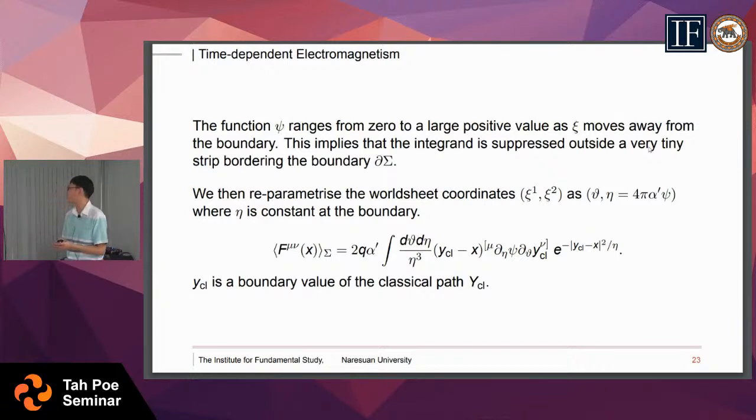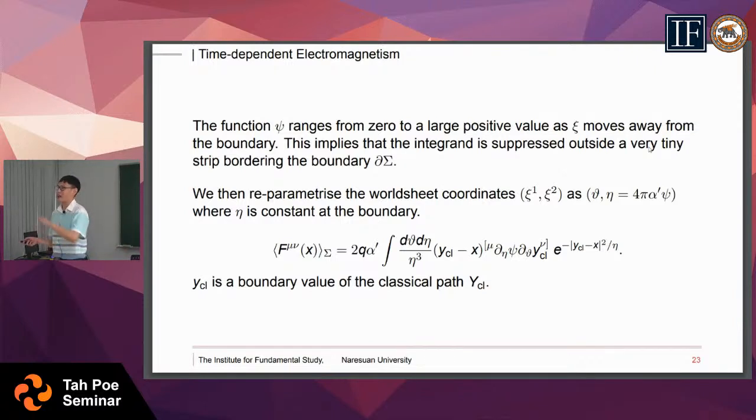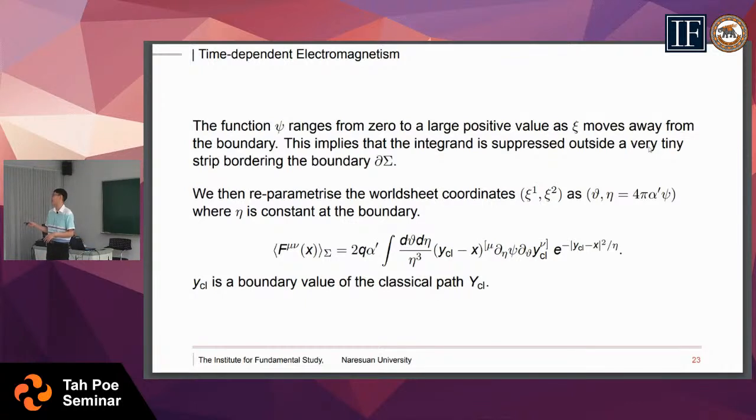And so in this case, let me reparameterize our worksheet coordinate. So again, as I said, the worksheet coordinate I used are psi 1 and psi 2, and I'm going to reparameterize by using this psi as the parameter on the worksheet because it has different value in different point, right? So I'm going to reparameterize the worksheet coordinate to be the coordinate theta and eta here, where the eta here is proportional to the psi.